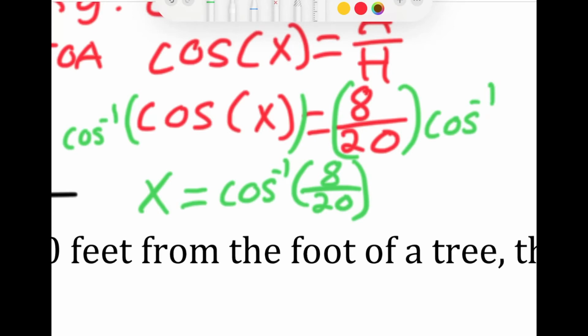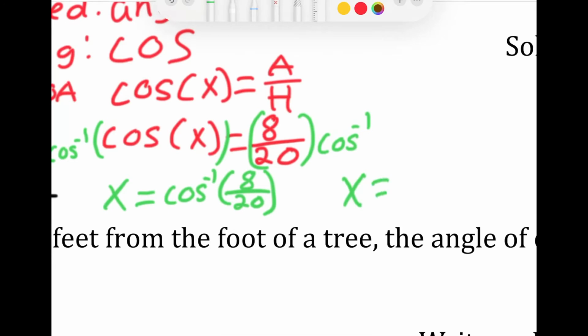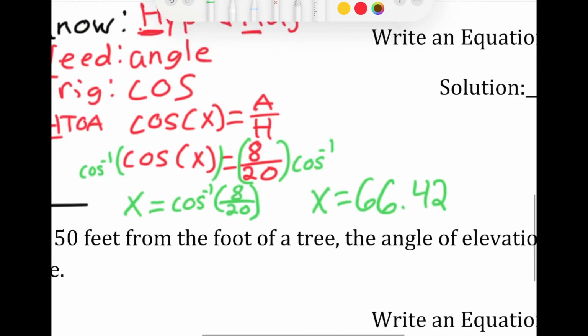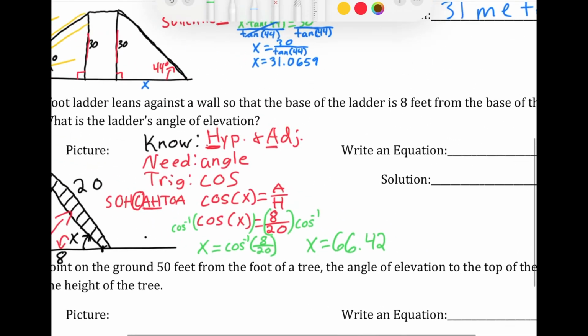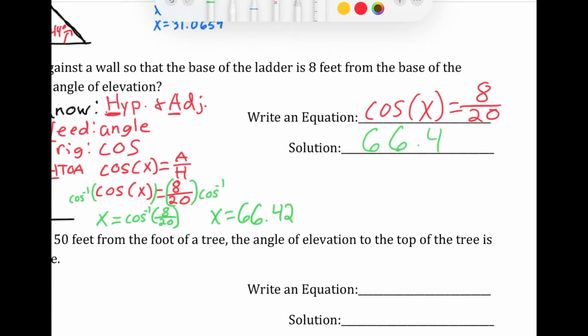Again, in the extra video I did for week 2, I show you how to put this in the calculator. Once you put this into the calculator, you get approximately X equals 66.42. So the equation we used was cosine X equals 8 over 20, and your answer would be approximately 66.4 degrees.